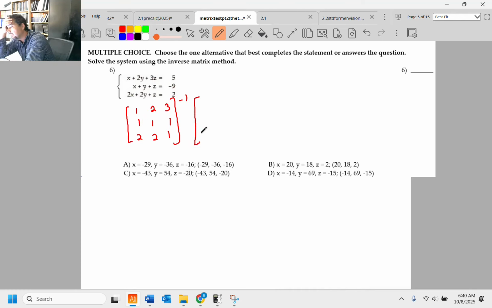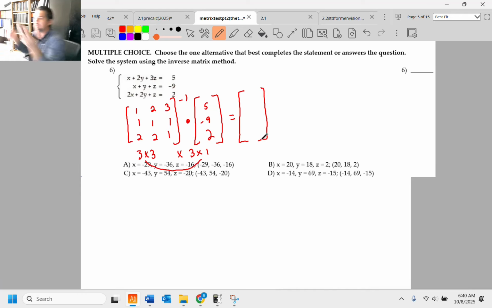And then you multiply it by the matrix of the constants, 5, negative 9, 2. Think about what you're doing: you're taking a 3 by 3, multiplying it by a 3 by 1, you get a 3 by 1 matrix as a result. So let's do that. And this is going to give us our answers, kids.